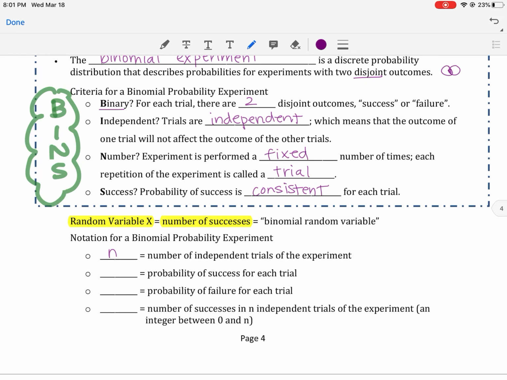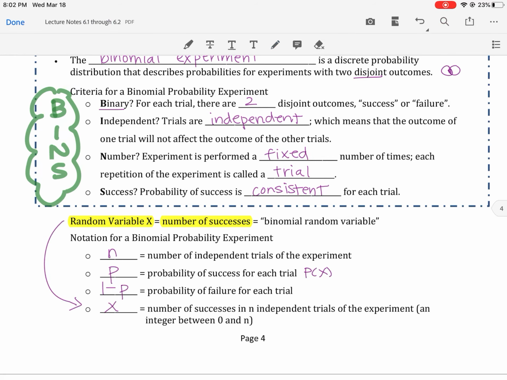The probability of success for each trial is going to be p. Remember we called that like p of x last time? And so therefore, if one's happening or the other, the probability of a failure is 1 minus that probability of having a success. And then finally, x is the number of successes. So that's like your random variable.